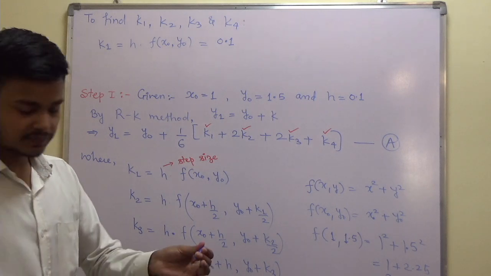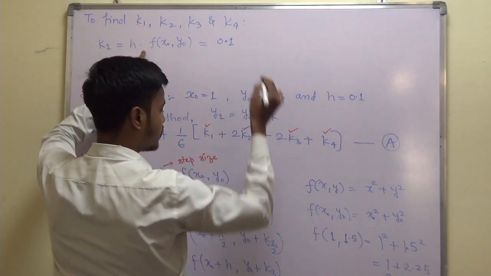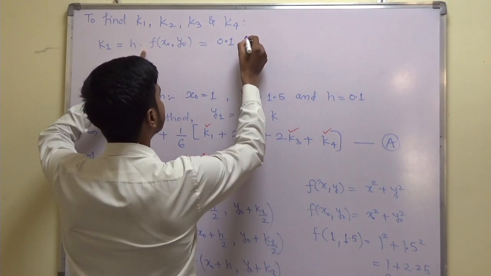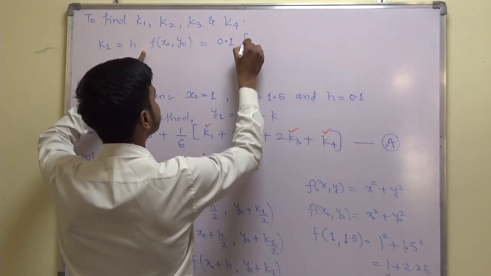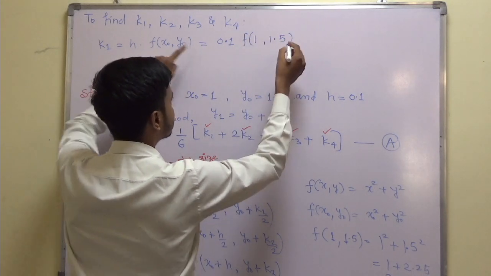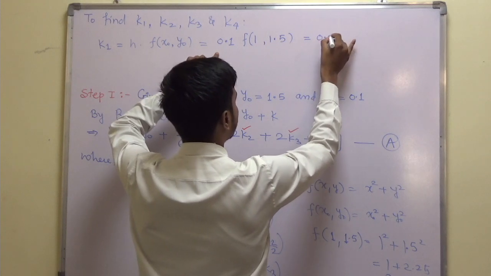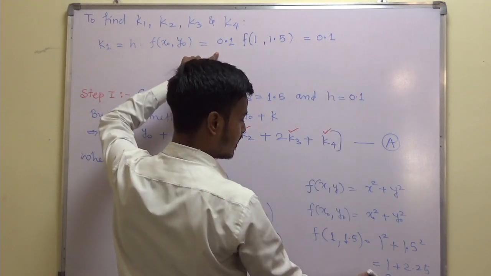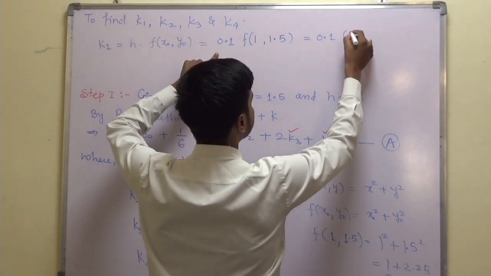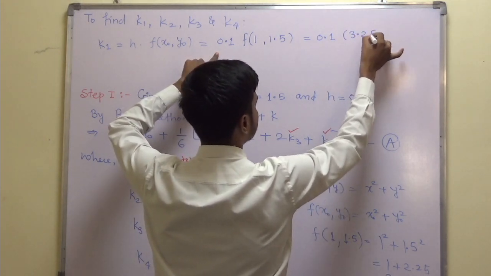So let me write down h into f of x0, y0. What is x0? 1 and 1.5. So you can write f of 1 comma 1.5. So what is it? 0.1 into 3.25, because f of x0, y0 is 3.25.